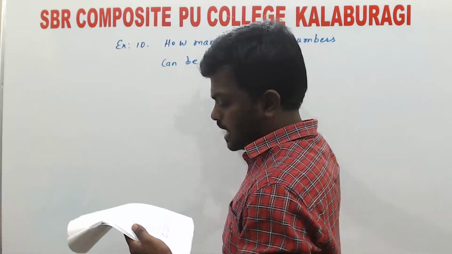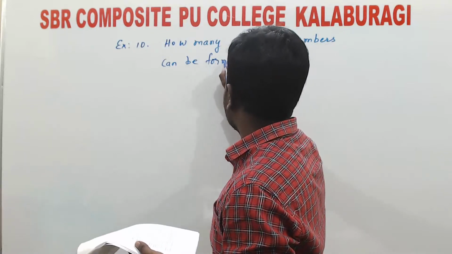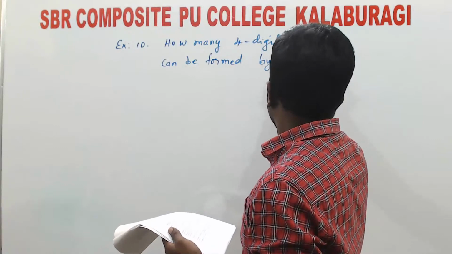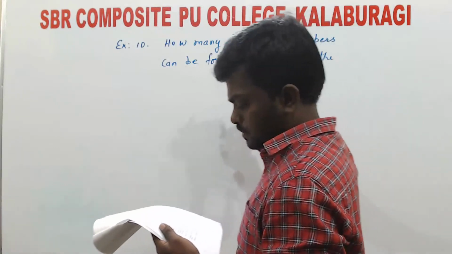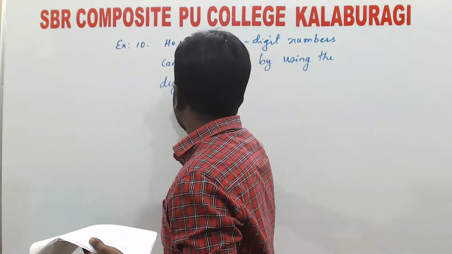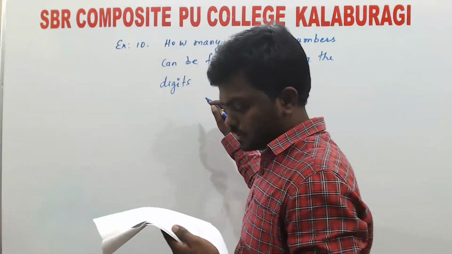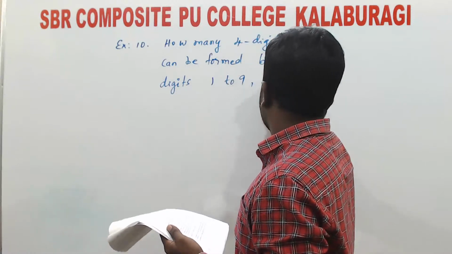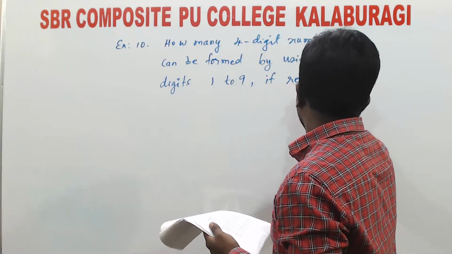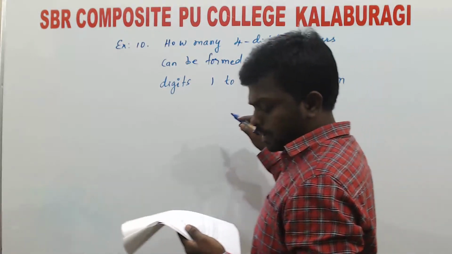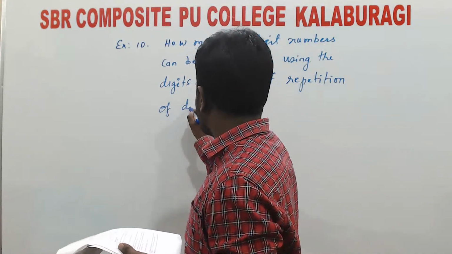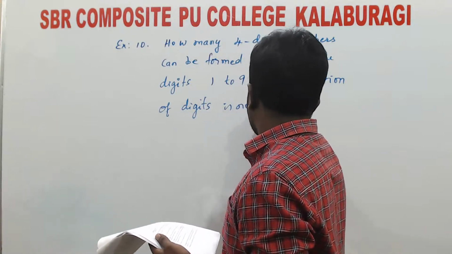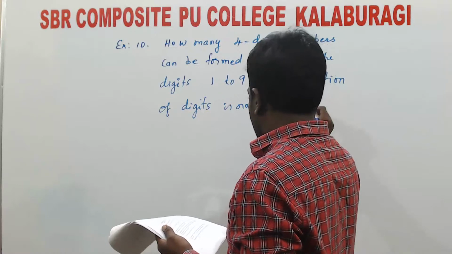How many four-digit numbers can be formed by using the digits 1 to 9 if repetition of digits is not allowed?